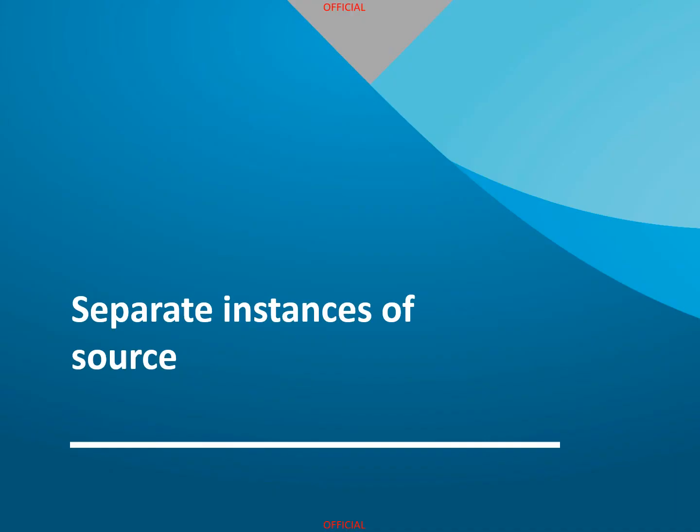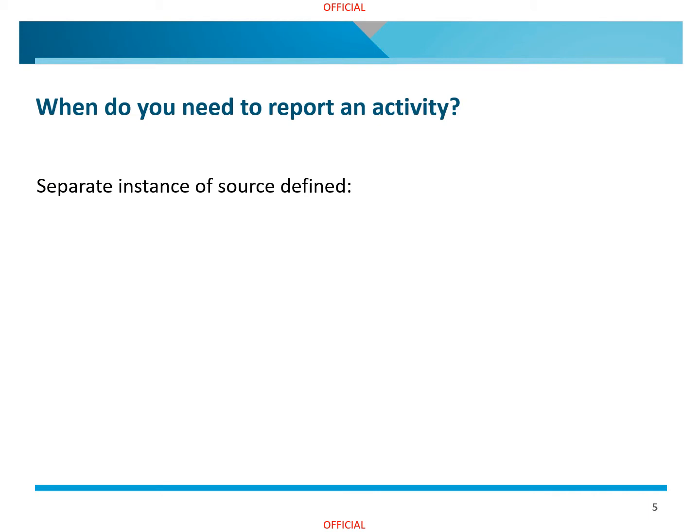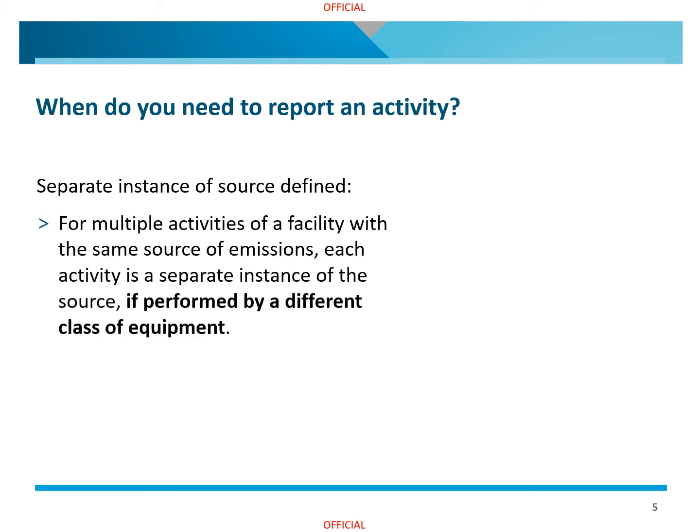In the first part of this video, we describe what is meant by the term separate instance of a source and what thresholds apply. Section 1.9a of the determination defines the meaning of separate instance of a source as follows. If 2 or more different activities of a facility have the same source of emissions, each activity is taken to be a separate instance of the source if the activity is performed by a class of equipment different from that used by another activity.